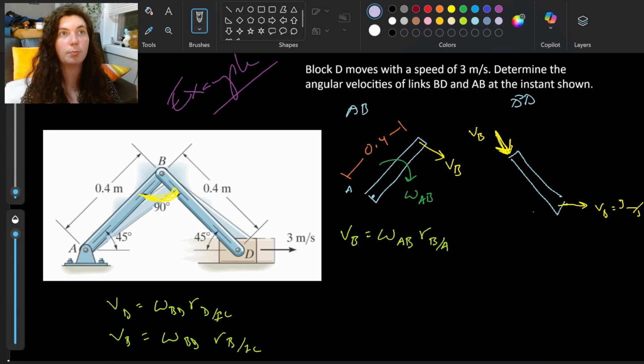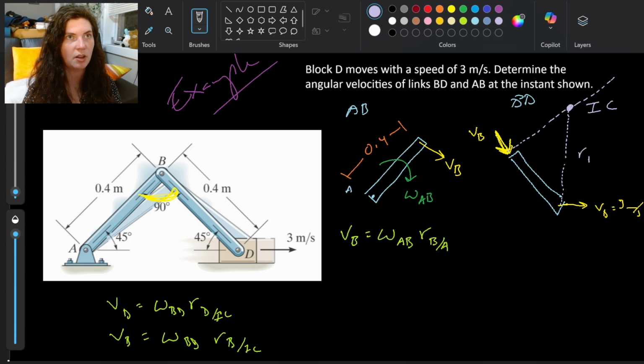Again, it's perpendicular to our velocities, so coming out perpendicular to V_B and perpendicular to V_D. Straight up, my IC is going to be somewhere up here, where this leg of my triangle is R_D with respect to IC, and this leg is R_B with respect to IC.